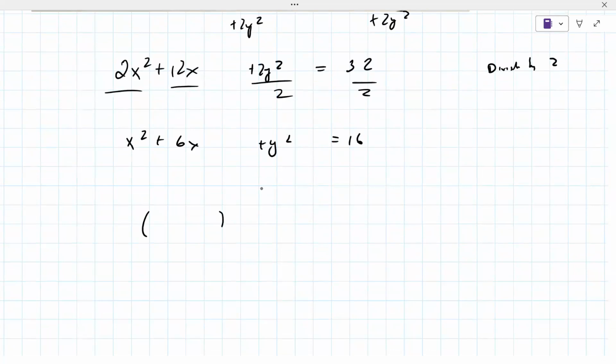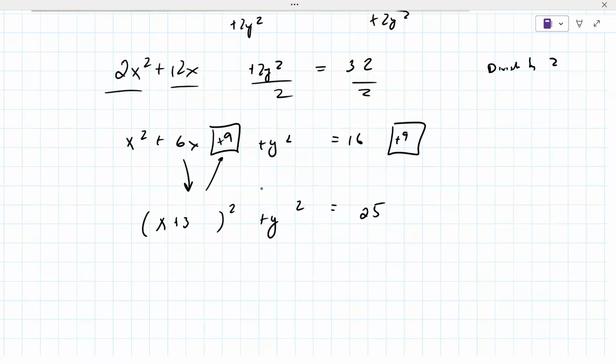Just looking at the x, what does the 6 become? 3, x plus 3 squared. So what goes back here in the box? 9. Plus 9.